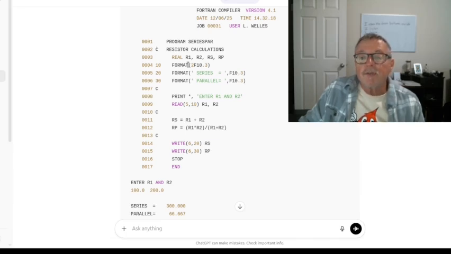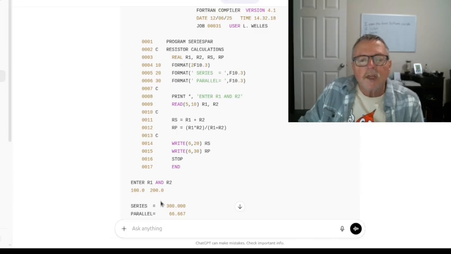Then we have to define the variables. Real is R1, R2, RS for our series, and RP for our parallel. Then we need to know what the format is. So that shows up down here, enter R1 and R2, and then it shows that 100 and 200 were the values that were entered.